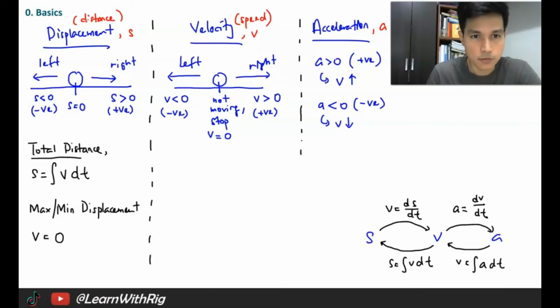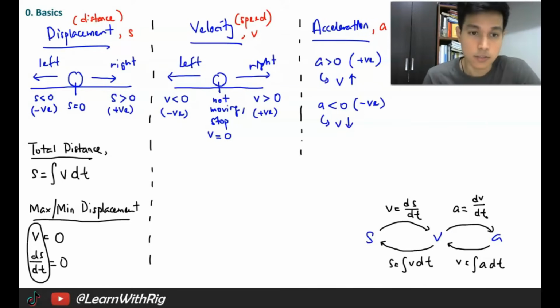So if they ask for total distance, this is the formula. If they ask for maximum or minimum displacement, velocity equals 0. Now since velocity is also the same as ds/dt, which is the differentiation of s, you can say ds/dt also equals 0, either one. They are the same meaning. V is the same as ds/dt, so it equals 0.